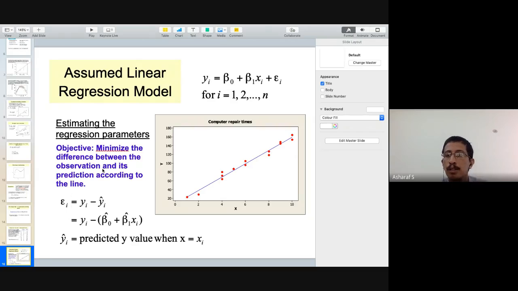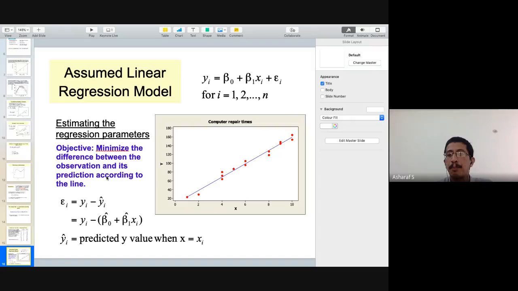So the problem that you're trying to solve is: get me that line which best fits my data. Get me that hyperplane which best fits my data. That's the problem statement, the objective that you define for a linear regression model.